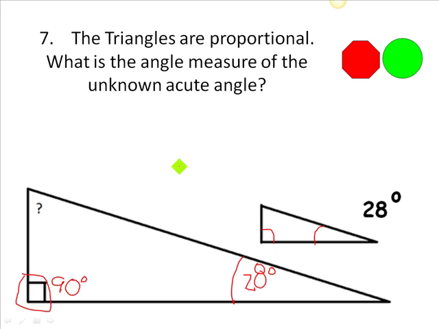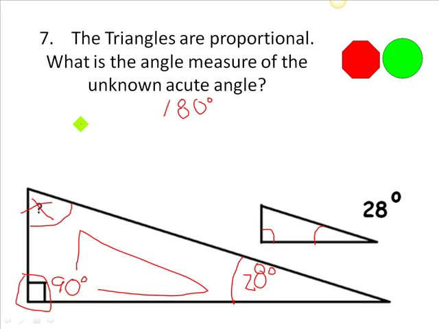And every single triangle in the known universe and beyond, when you total up the internal angles, are always totaling to 180 degrees. So what we know is 90 plus 28 plus some unknown, and we'll just call that x because that's what we use for unknown. We know that these three, when added together, will equal 180.